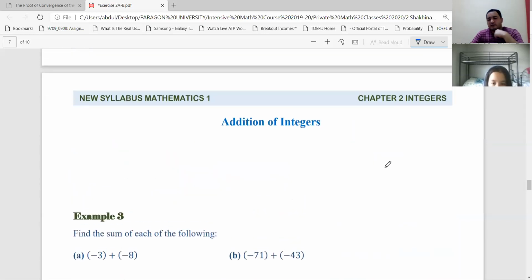Now, Shahina, we talk about addition of integers. To do this one, what are the possible things? We have only 4 possibilities, right? When we are adding, maybe we add a positive number with a positive number, or a positive number with a negative number, or a negative number with a positive number, or a negative number with a negative number.